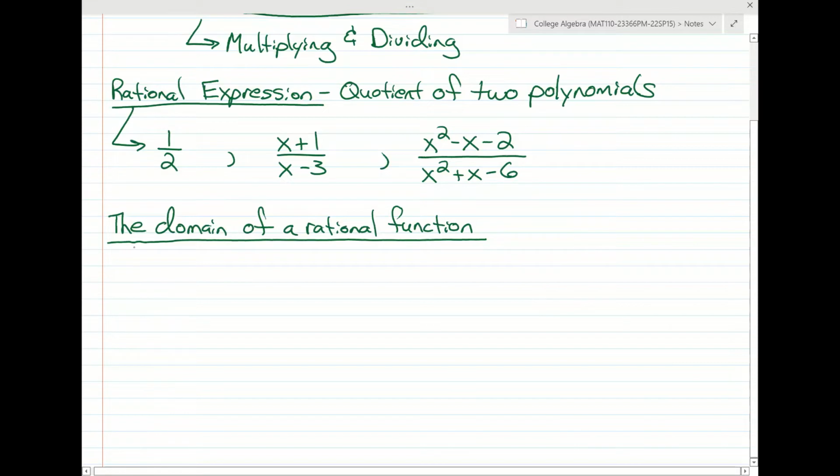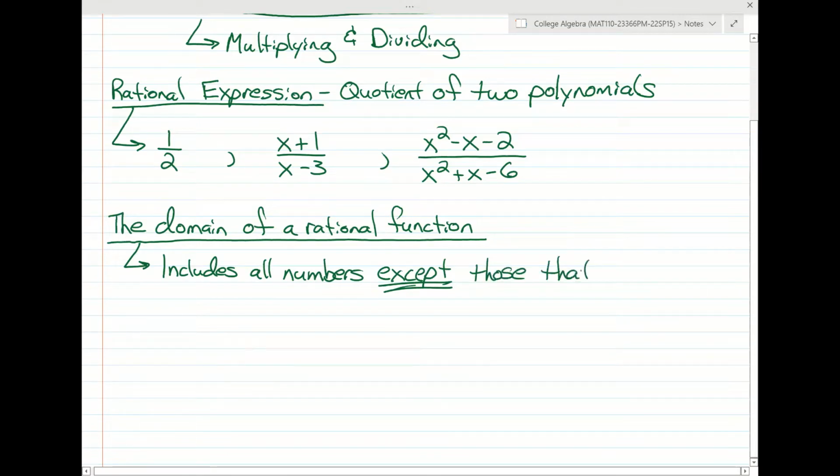The domain of a rational function includes all numbers except those that make the denominator equal to 0.